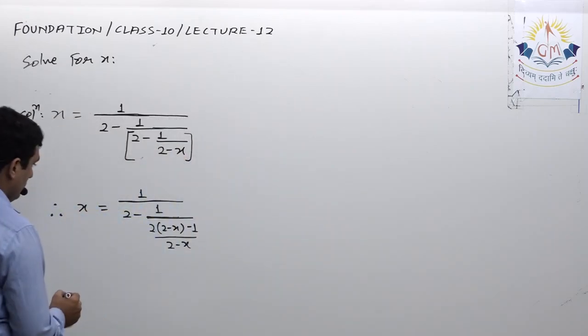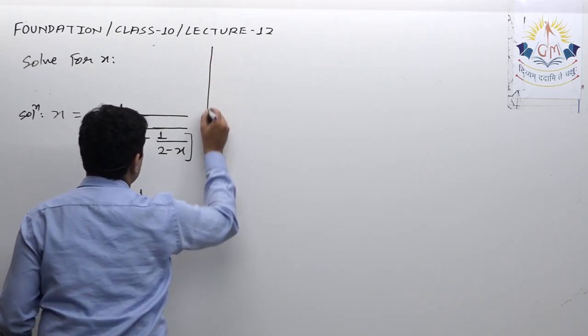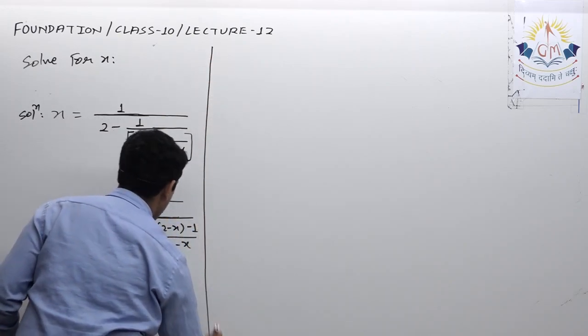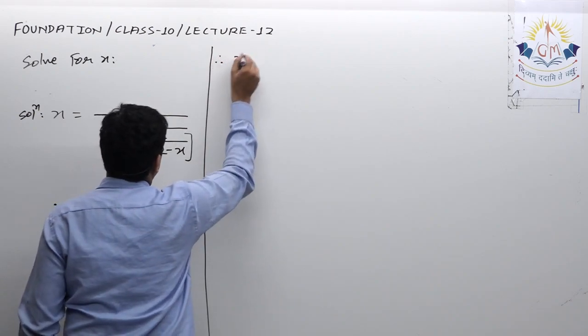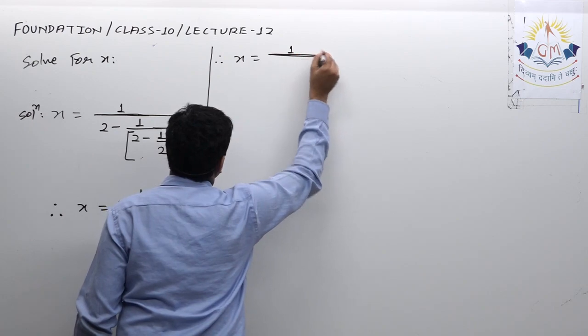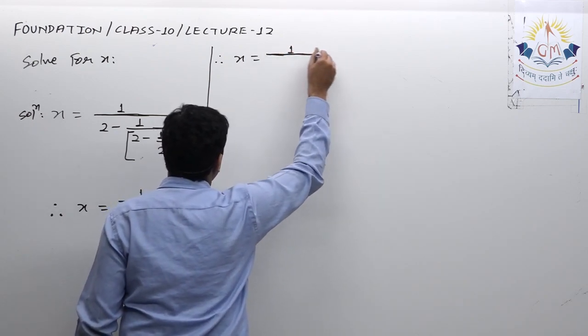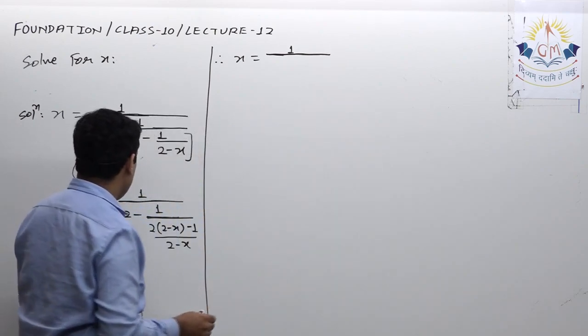Okay, so in next step, therefore x is equal to 1 upon, see, it is only a little bit lengthy, otherwise this is not that much difficult.